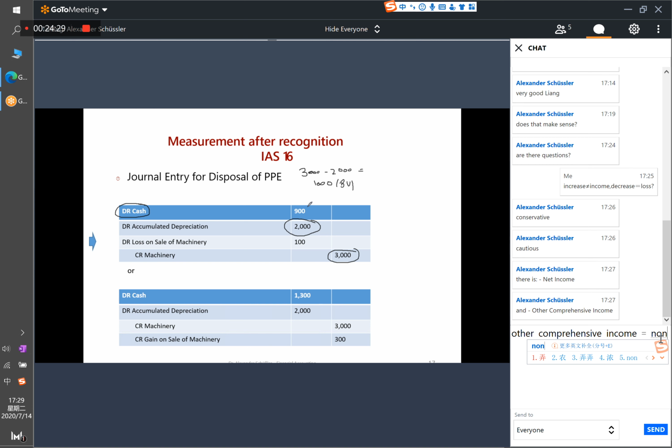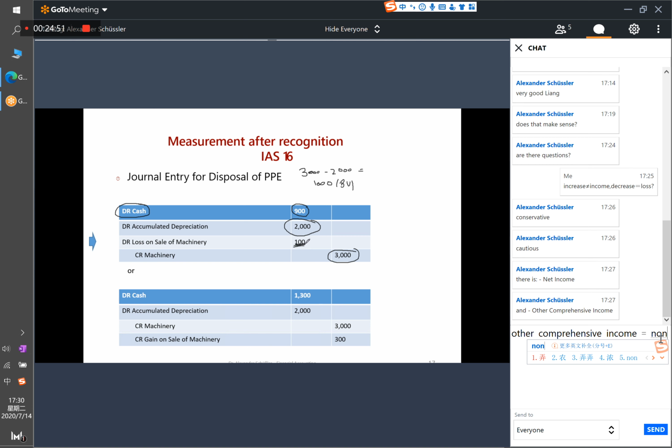And our price we get is 900. So if we have a price of 900 and our book value is 1,000, then we have a loss of 100.